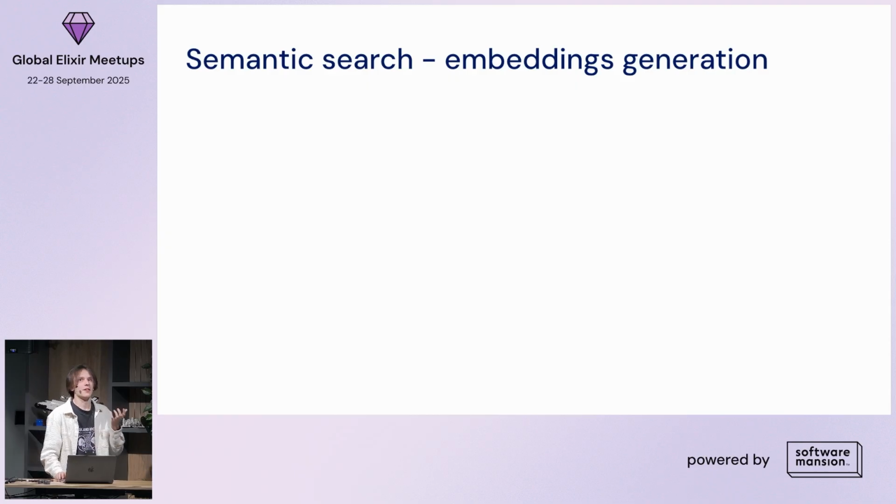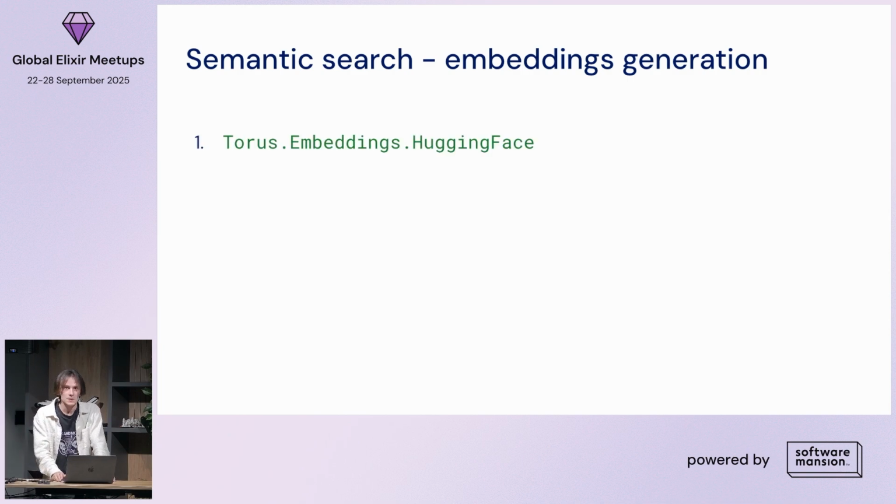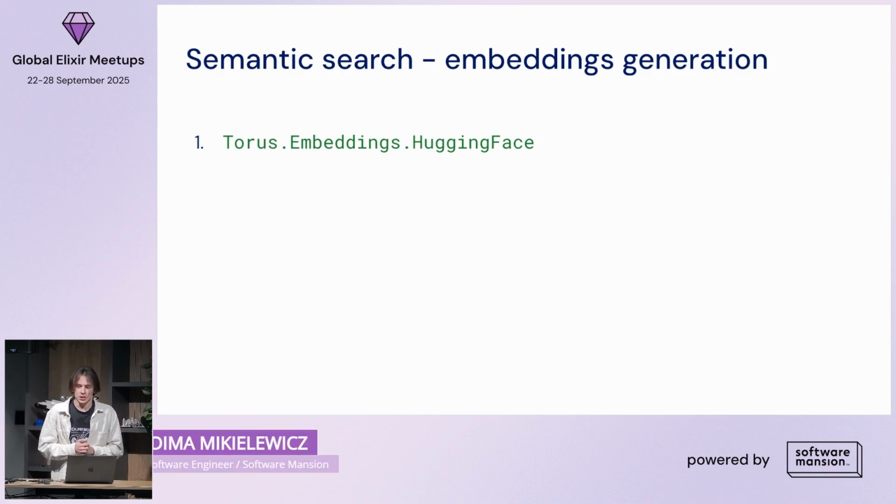And you might be thinking, how do we generate these embeddings? That's a really great question, because the core of semantic search is not comparing vectors, it is generating these embeddings. And Torus has your back here because it is super extensible in the way you can generate embeddings.